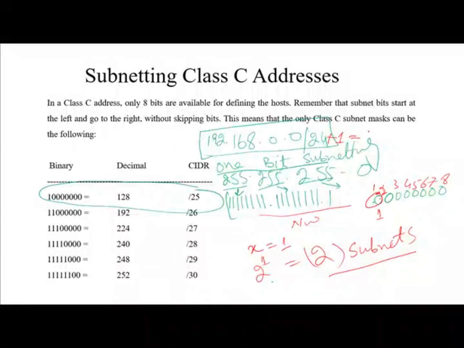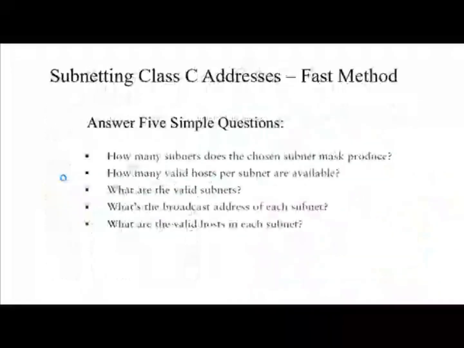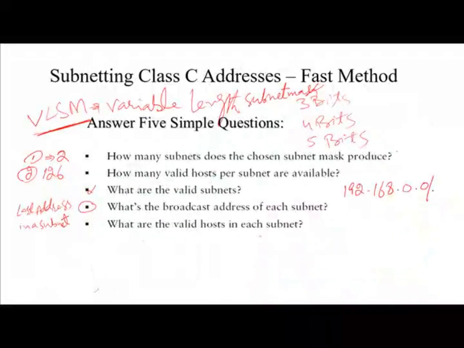It will become 25. Already it is 24 bits, as a Class C address has 24 bits for the network. Now we add 1 more, so it is 25. Here we will write /25.